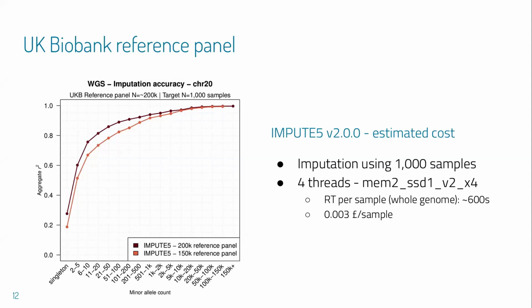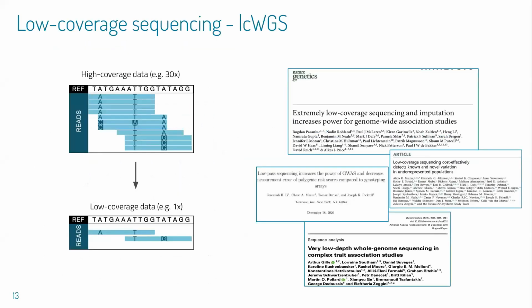And I would now like to move towards another type of technology, that is low coverage whole genome sequencing. Low coverage whole genome sequencing, as I told you, here I refer to low coverage as approximately 1x data, is not new.